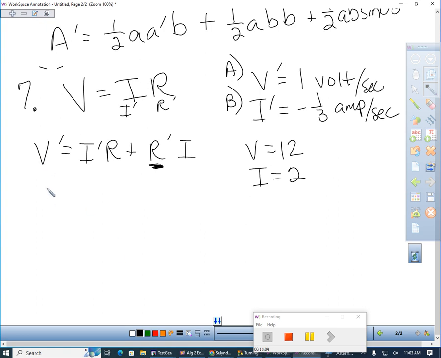V prime is 1 equals I prime, which is negative 1/3, times R. I think I said that wrong. All right, I got to back this up because I made a mistake.